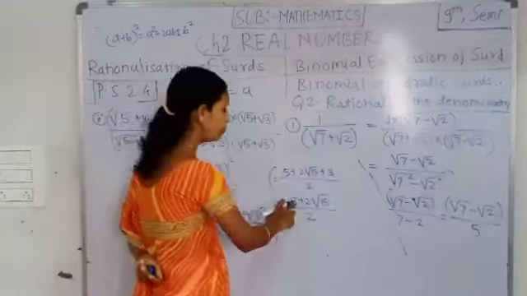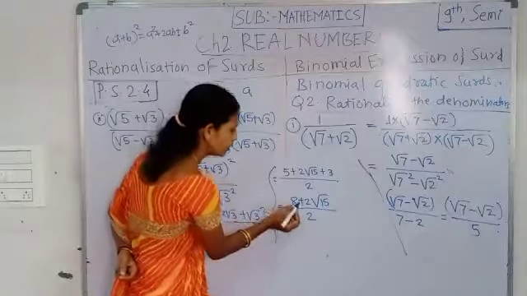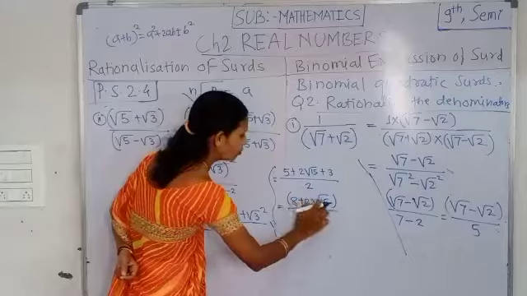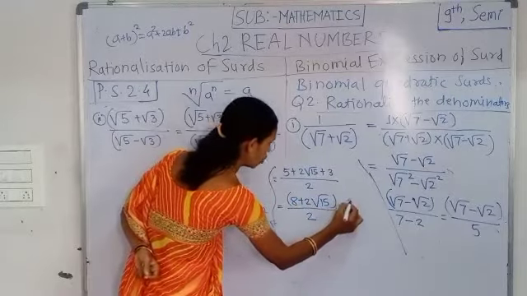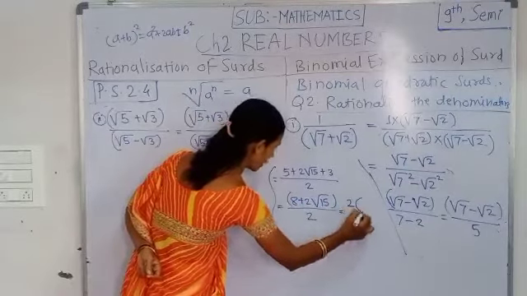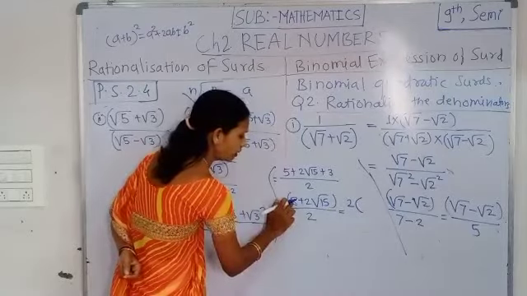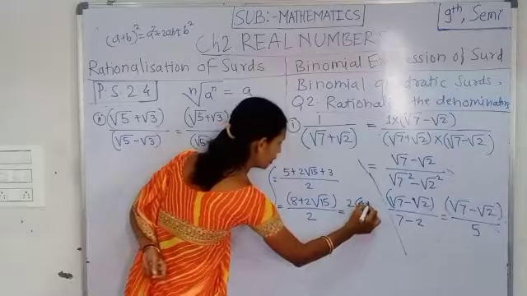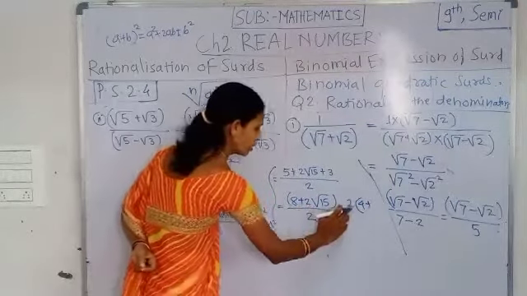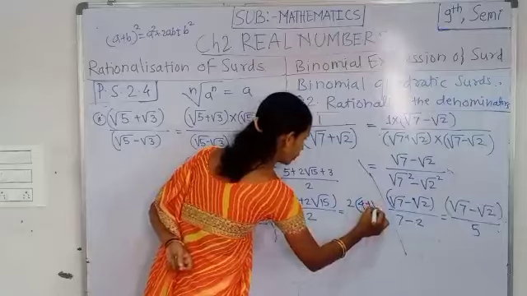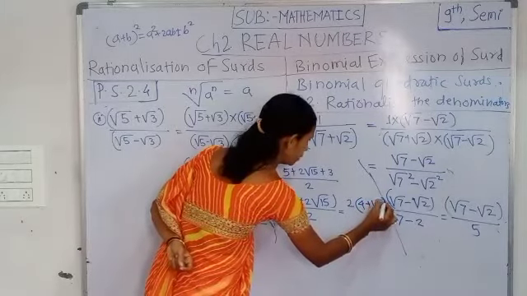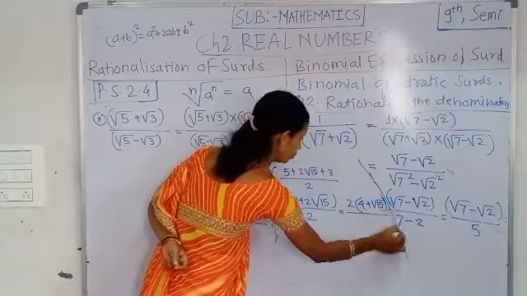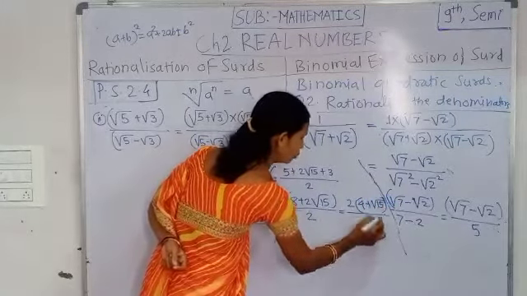Then, if we have to simplify this, we can take the common factor. 8 and 2 are common in this. Therefore, taking 2 common in bracket from 8, we get 4, plus here also 2 is taken common, so root 15, upon 2.